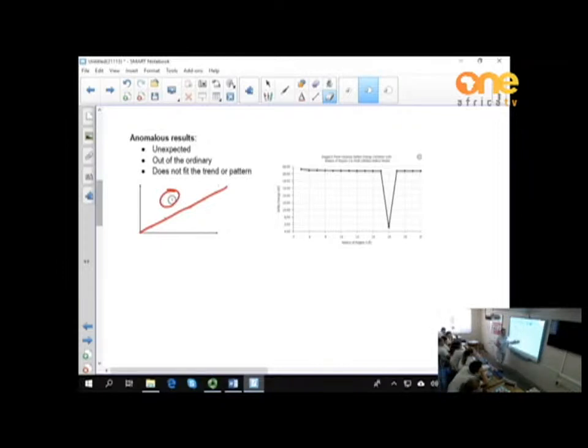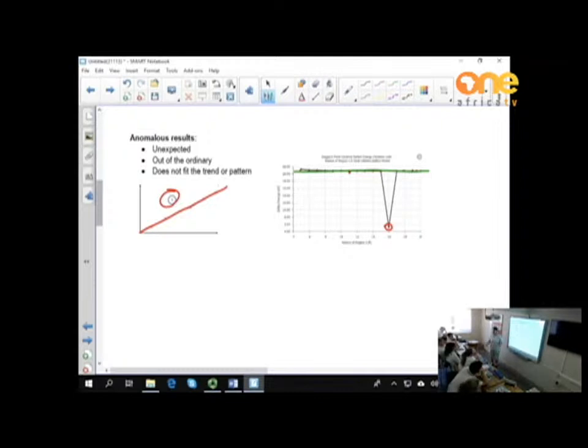Here I have another graph. All our readings form a very nice pattern, except that one. Am I going to draw the graph as it is drawn here on the board? Nope. I am going to ignore the anomalous result and draw a straight line. Do you follow me?